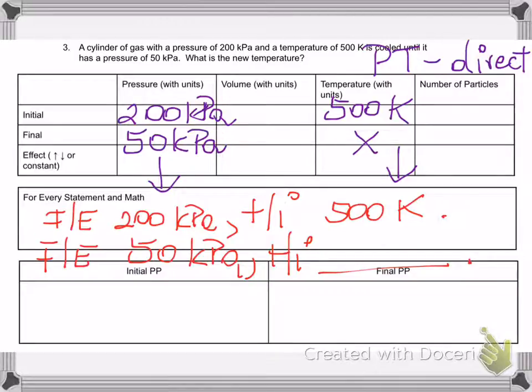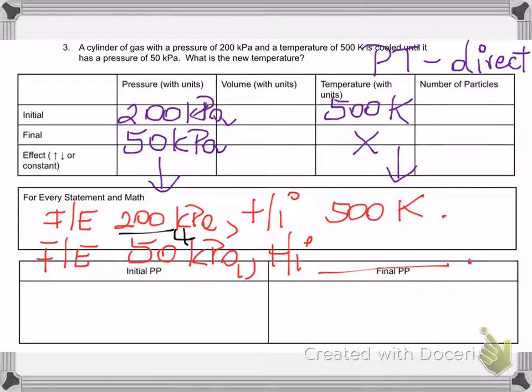I know that pressure went down from 200 to 50, and in order to go from 200 to 50, I have to divide by 4. So we divided this one by 4 to get 50.